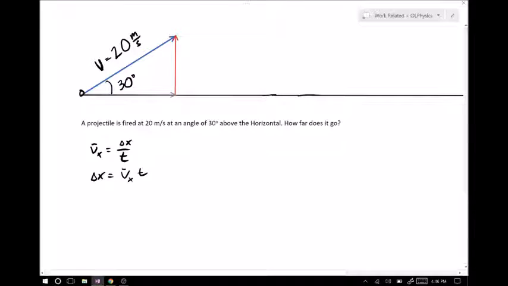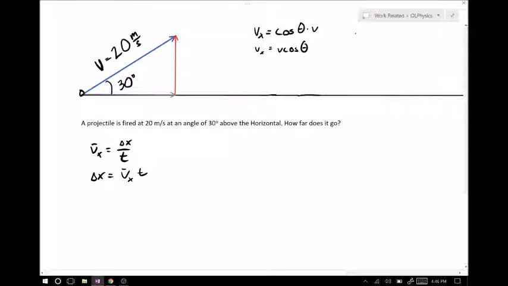If you know any trig, the way we would solve for horizontal velocity is v in the x direction equals cosine theta multiplied by the velocity that the ball gets launched with, not the horizontal or the vertical, but just the normal velocity. So we reduce that to v cosine theta.